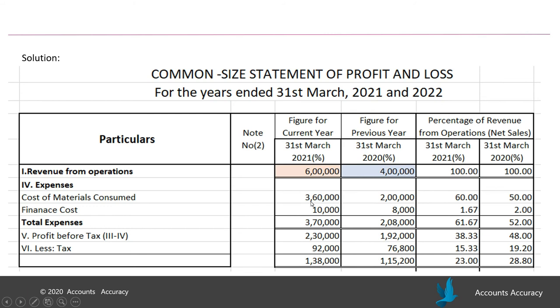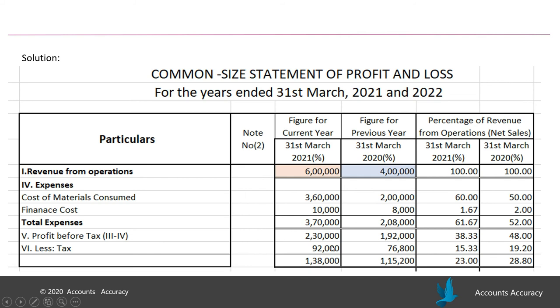So 3,60,000 by 6 lakh into 100, it will come 60. Again for finance cost, that is 10,000 by 6 lakh into 100, it would come 1.67. For this total of expenses, that is 3,70,000 by 6 lakh into 100, it will come 61.67.